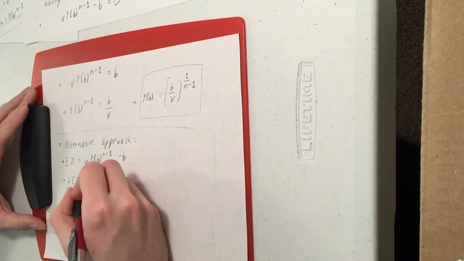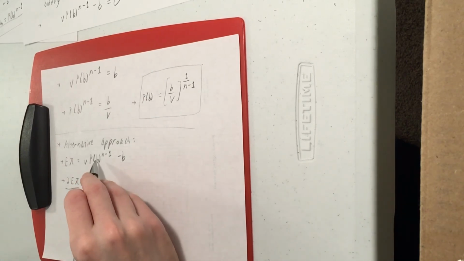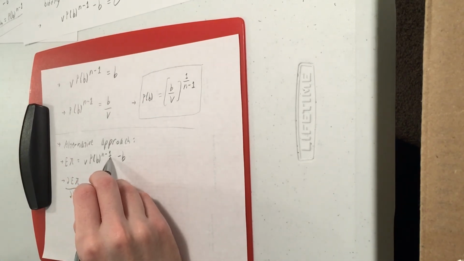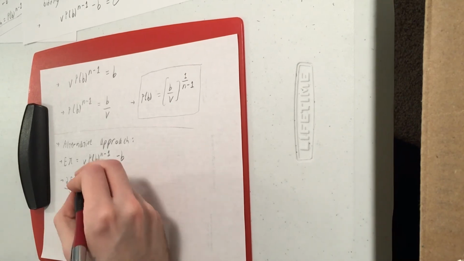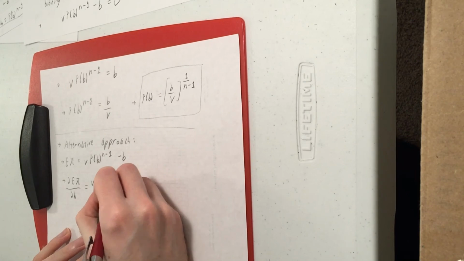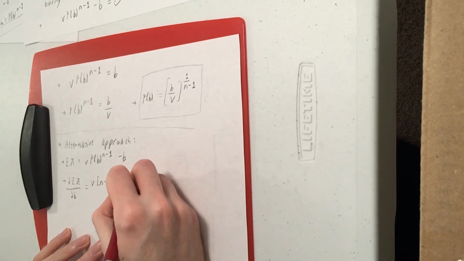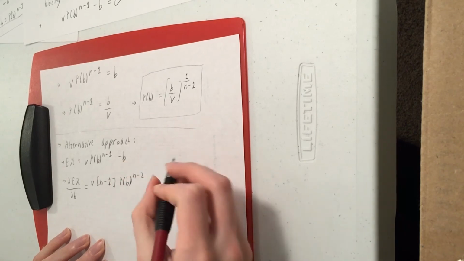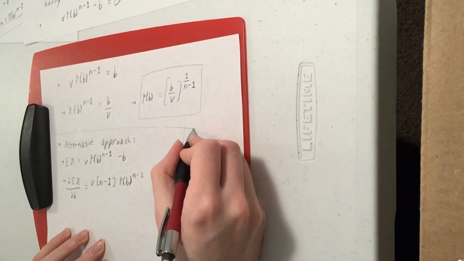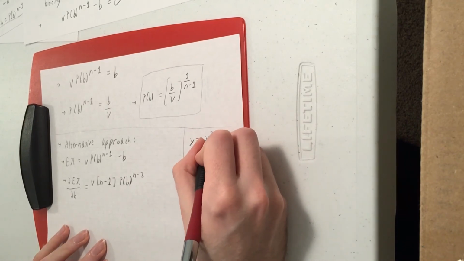So be a little bit careful here. First step, we got to apply our power rule. So the exponent, n minus 1, comes out in front. And then you reduce the exponent by 1. It's just like when you have, say, y equals x cubed.